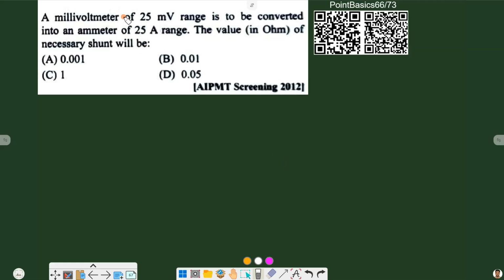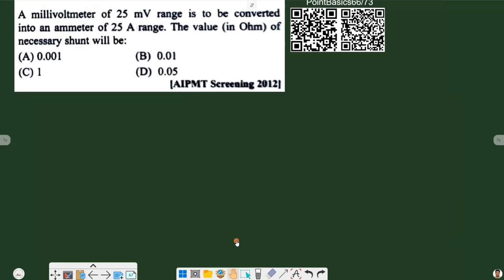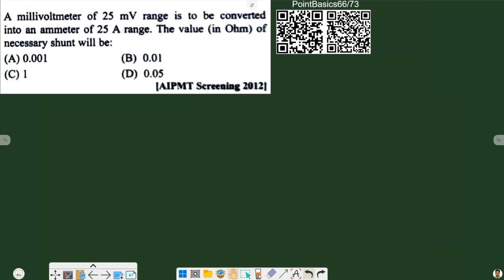As it is mentioned that it is a millivoltmeter, what does it mean? It means it is already working as a voltmeter, so it has some resistance in series with it. So if this is working as a millivoltmeter, it has some resistance in series with it, and we have a galvanometer here, and this is our basic circuit, and its range is given as 25 millivolts.